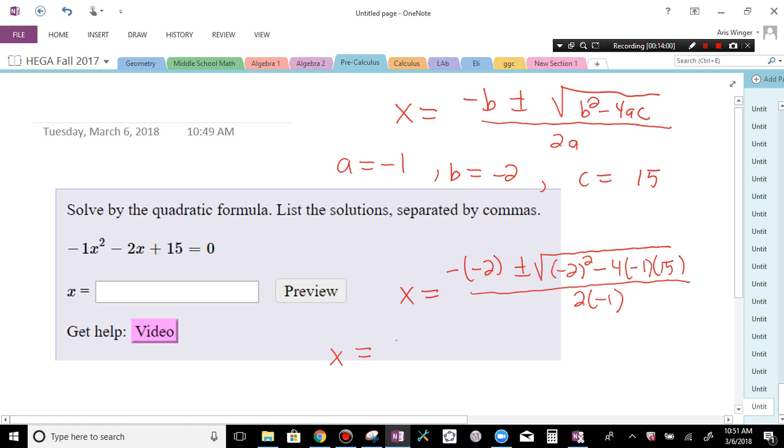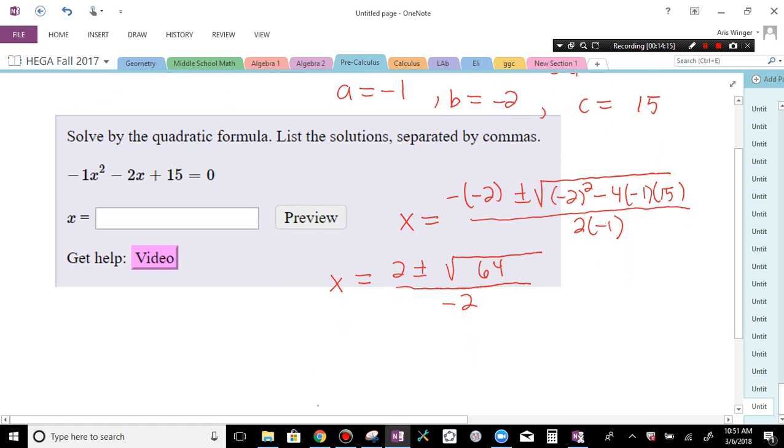So x equals 2 plus or minus the square root. We'll get the calculator out, but this is going to be a just beautiful 64 all over negative 2, which tells us that it was factorable. So this is equal to 2 plus or minus 8 over negative 2.